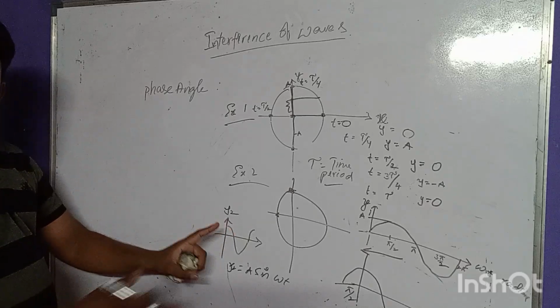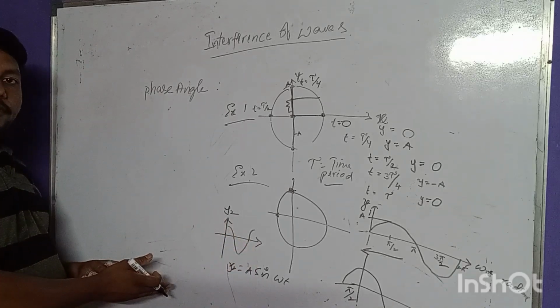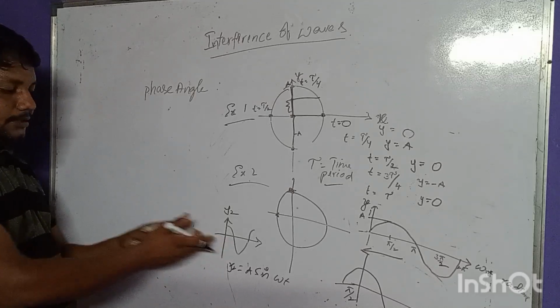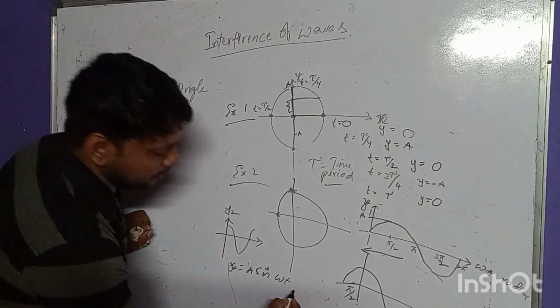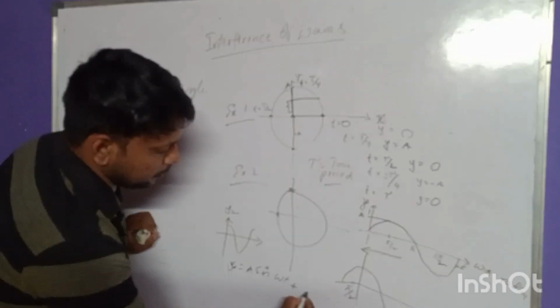Advance, we are shifting the waveform by π/2 radians in negative direction. Negative direction means positive π/2.